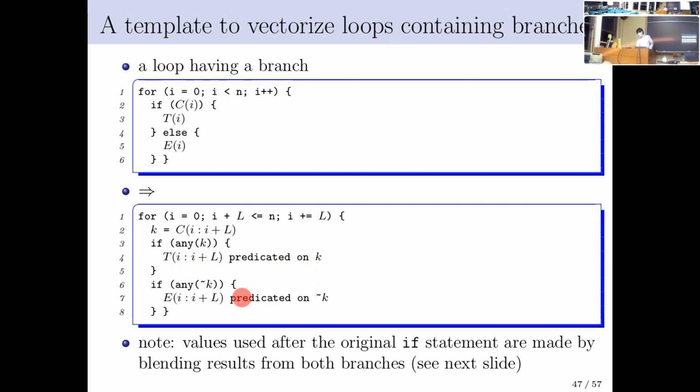And you do the opposite for the else branch. So you actually need to execute both T and E most of the time. This is the typical template. I'm just trying to illustrate that this can be done using instructions that are available on the CPU. It's only that the compiler cannot figure out how.